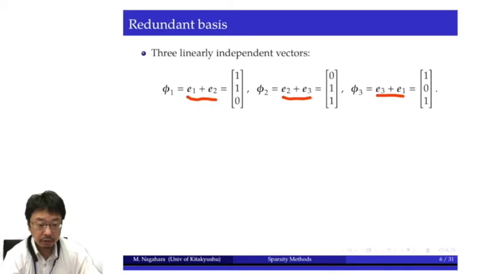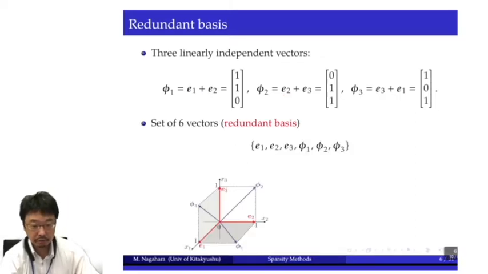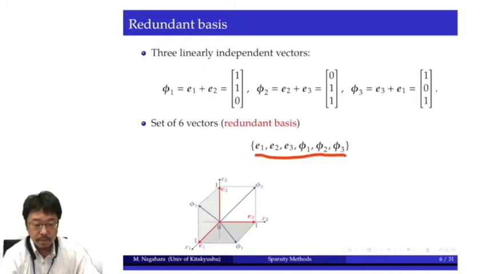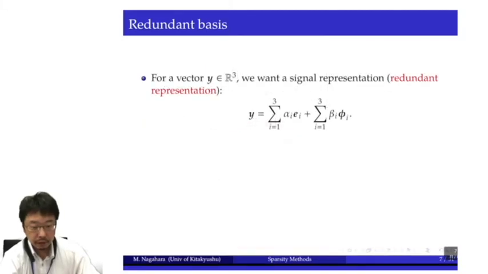Let us define a set of 6 vectors of E1, E2, E3, and phi 1, phi 2, phi 3, which is a redundant basis for R3, since the number of vectors, 6, is greater than the dimension 3. Then, for a given vector y in R3, we want a signal representation using the vectors in the redundant set, called the redundant dictionary.